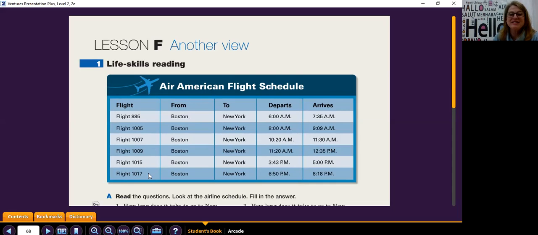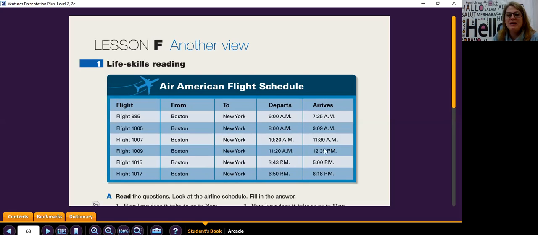That is right. There are 6 flights. Excellent. Where do the flights depart from? Boston. Great, awesome. And where are each of the flights going? They are going to New York. Excellent, perfect.